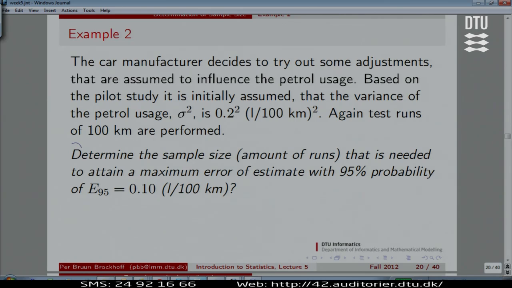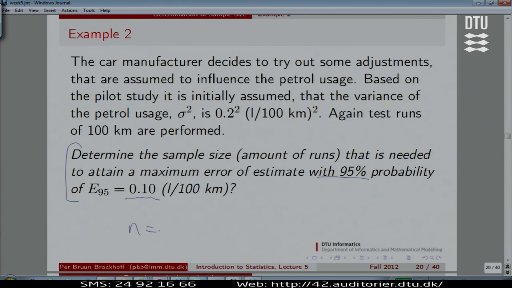For instance, here's the task. Determine the sample size, that is the amount of drives, the amount of runs, that we need to attain a certain level of certainty, so that the 95% maximum error is 0.10, right? So we specify the needed certainty in the case.